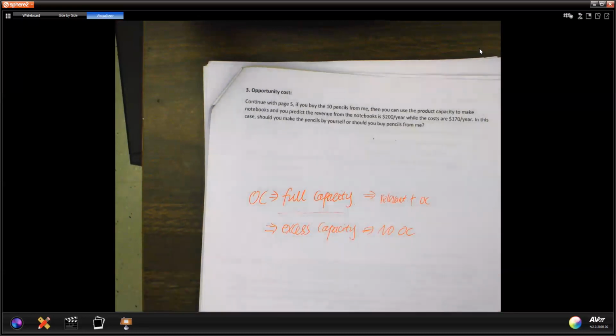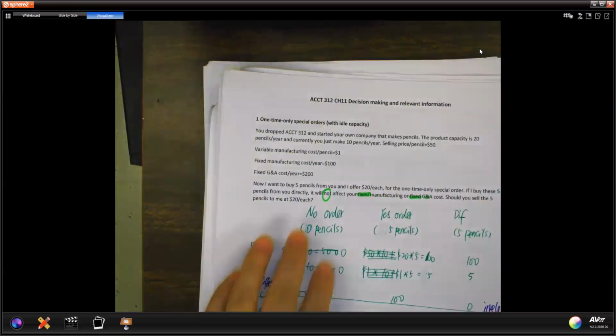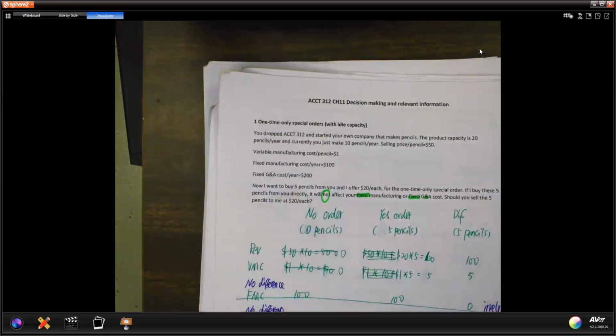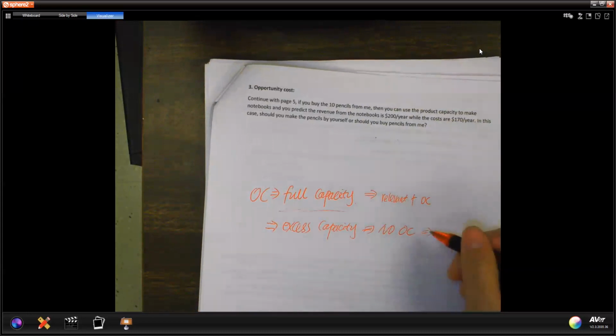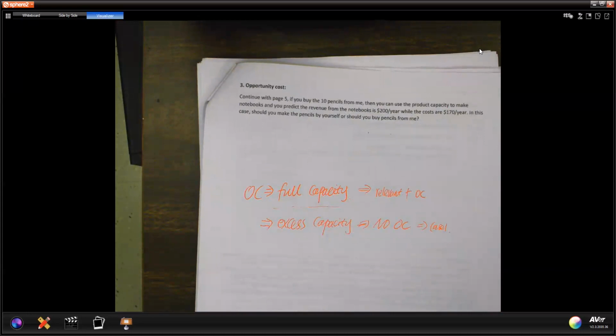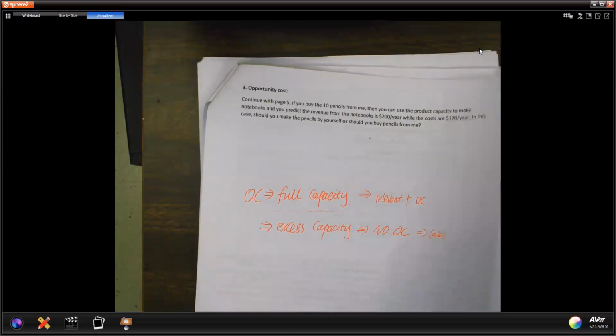Take the first example: your capacity is 20 pencils, but you are only making 10. If you take my order of 5 pencils, you don't need to give up anything because you have extra capacity. So in that situation, it's only case one. We just think about all the relevant costs, like variable, material, and avoidable fixed costs. Okay, so that's all about opportunity cost.